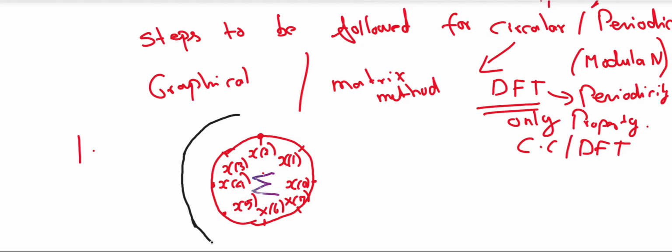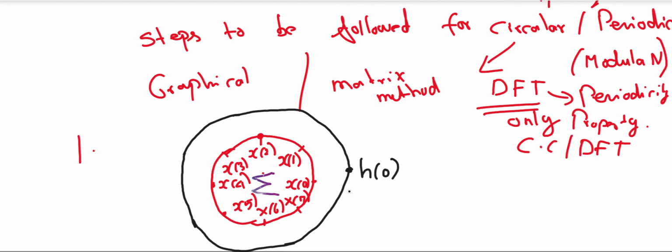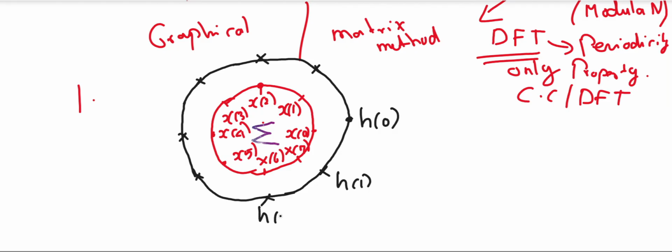The second circle is the outer circle, where you represent the impulse response h of n sequence in a clockwise direction: h of 0, h of 1, h of 2, h of 3, h of 4.